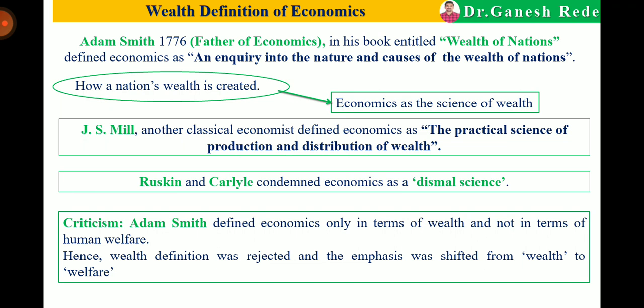So hence the wealth definition was rejected at that time, and the emphasis shifted from wealth to welfare. At that time they raised the question on the wealth definition, and their focus shifted from the wealth definition of economics to the welfare definition of economics.